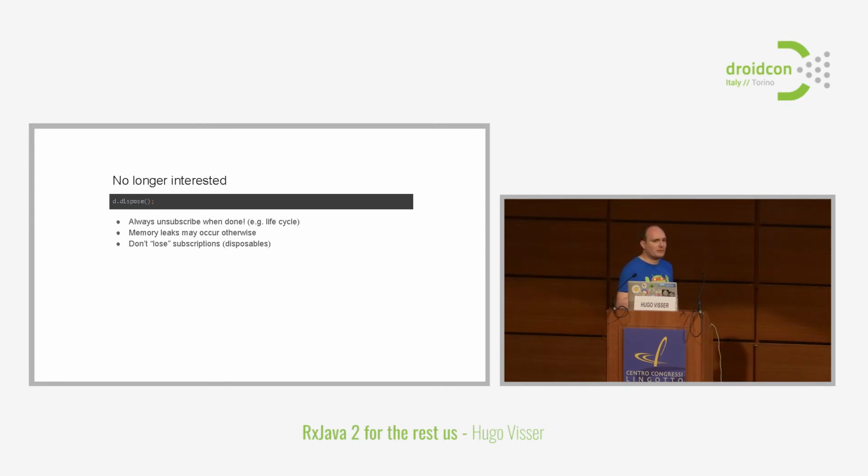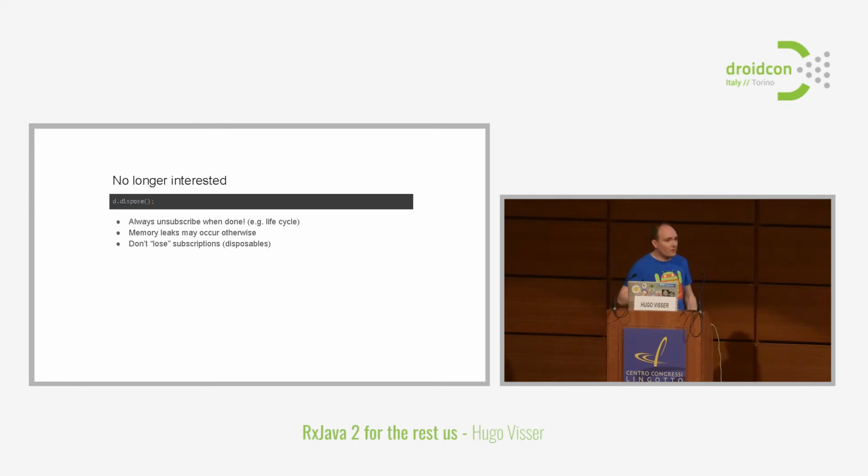So it's pretty important that you hold on to these subscriptions. If you don't unsubscribe, you risk not only crashes but also memory leaks, because these inner classes will hold on to outer classes, which is usually an activity or a fragment or whatever. So it's pretty important that you don't lose the subscriptions. You always need to be able to dispose the object at the appropriate time.